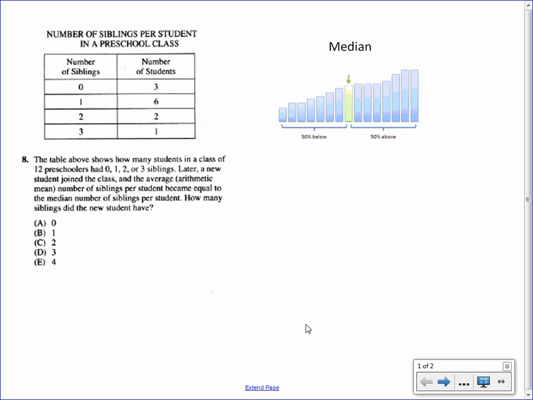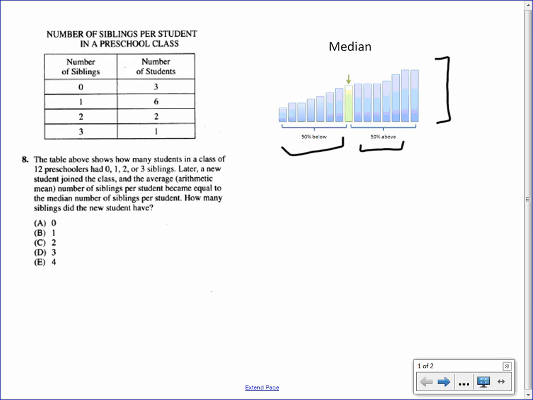Okay, so remember that median is not the same as mean. This is a visual to explain what the median means. The median is saying that 50% of the students would be below the median and 50% would be above. This situation is a little complicated because there's 12 preschoolers in the class.